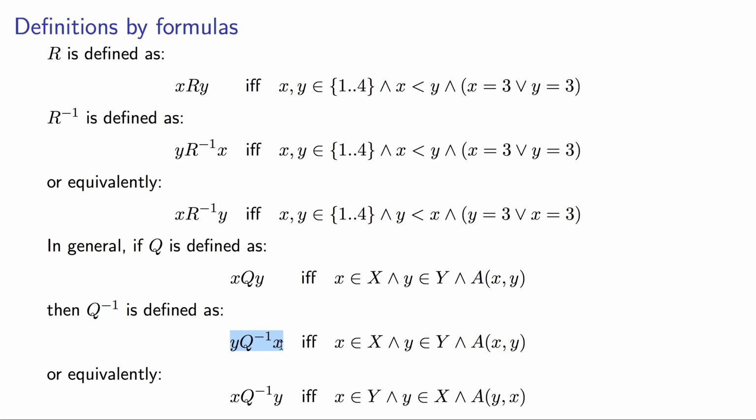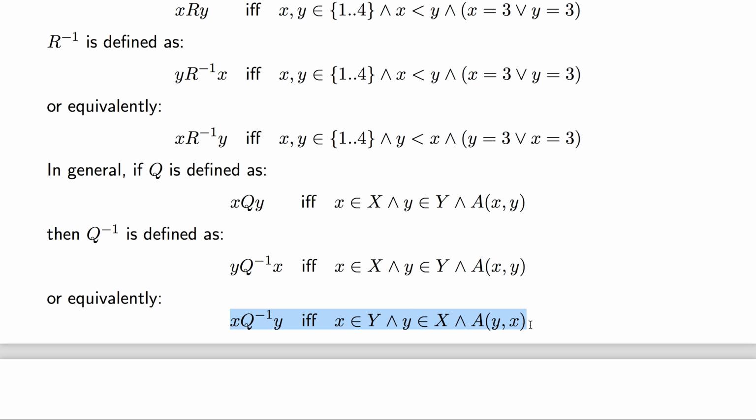So I will put y on the left hand side, x on the right hand side. Now they are related by the inverse relation if and only if the same formula holds as previously. And the equivalence can be rewritten with x replacing y and y replacing x, giving us this.